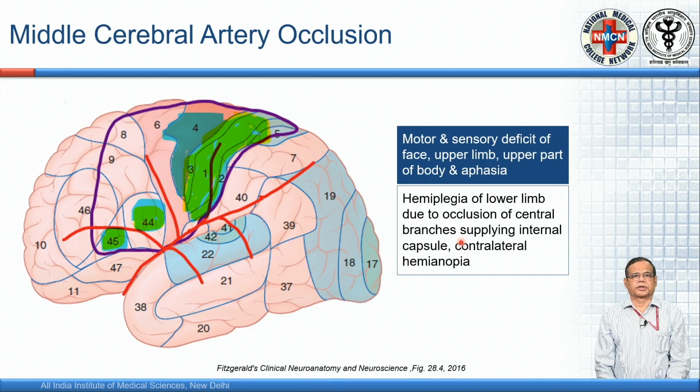The middle cerebral artery supplies the primary motor area, somatosensory area or areas 3, 1, 2, frontal eye field area, and the motor speech area.